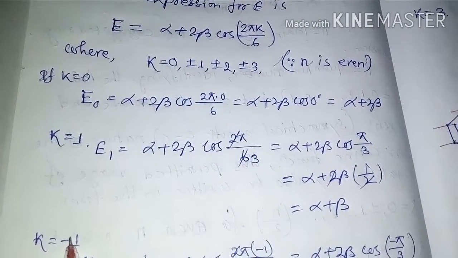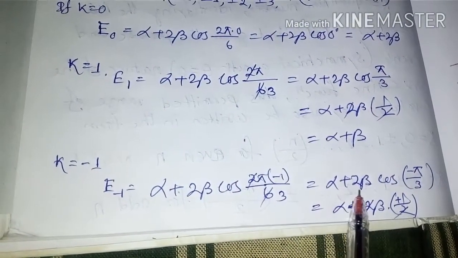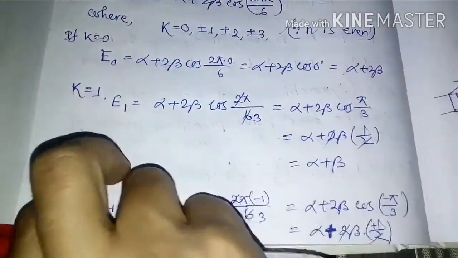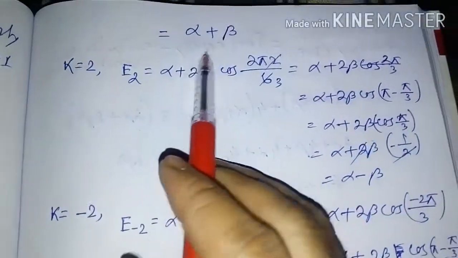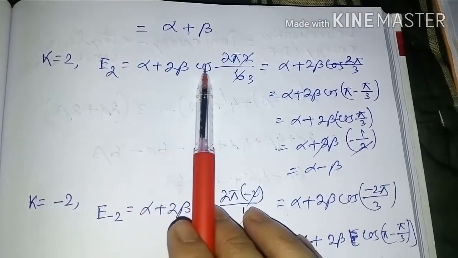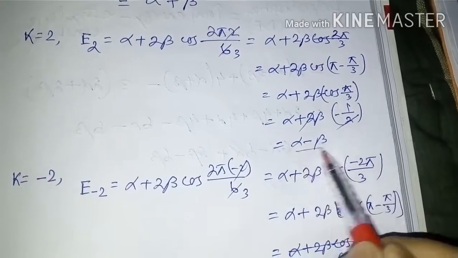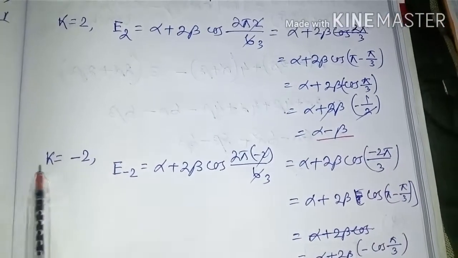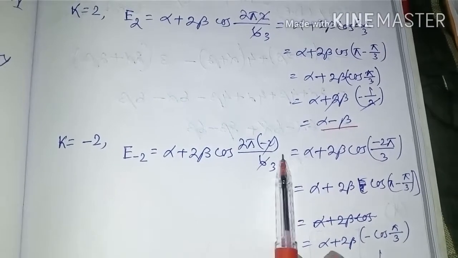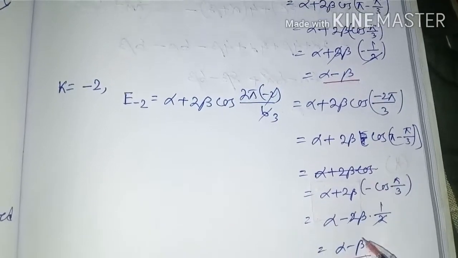K minus, plus minus is there now, if k is minus 1 like this you have to practice. Next, after that k value is 2, then you will get this part. If k is minus 2, then you have to practice like this, same way, this one is same.